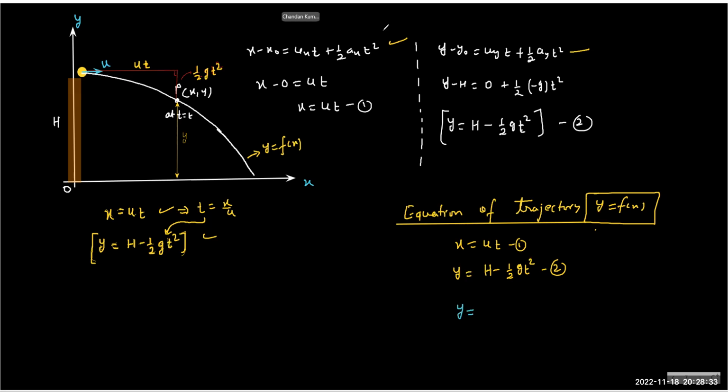So from 1, we can write t equals x by u. And then substitute the t in the other equation. So 2 implies y equals h minus half g, and the t we can write as x by u whole square.